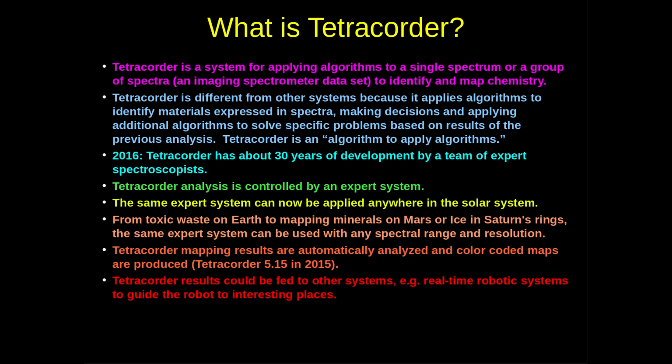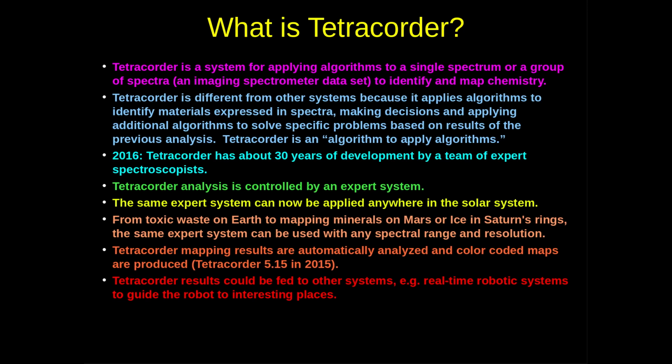Tetracorder, however, tries to explore all of those different possibilities and make a decision of what the correct answer is. And depending on the specifics of the absorption features, how diagnostic those features are, will give us more confidence in that answer. So for some things we may get an answer, but it's not indicative of a very specific chemistry.